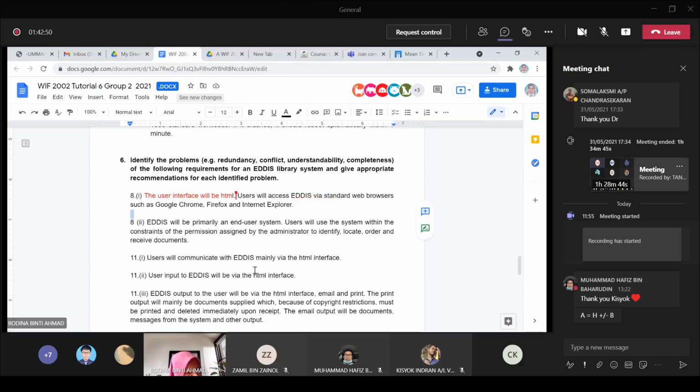Eight one said that the users should access via the web browsers, and then another one says the users can also input to Addis via the HTML interface. According to 8.1, the user can access Addis through a standard web browser, and then 11.2 says that the user can input via the HTML interface. Is there a conflict?